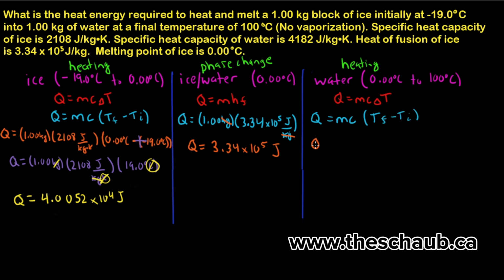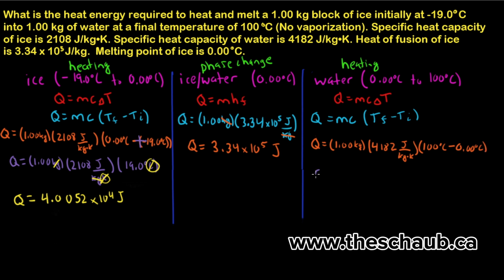Substituting our values, we get Q is equal to the mass of the water, 1.00 kilograms, multiplied by the specific heat capacity of water, which is 4,182 joules per kilogram Kelvin, multiplied by our temperature final, which is equal to 100 degrees Celsius, subtract our temperature initial, which is 0 degrees Celsius.